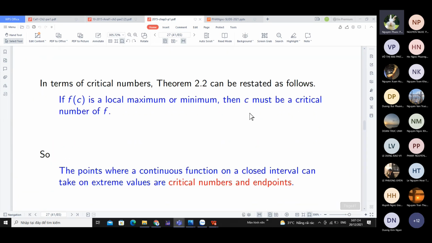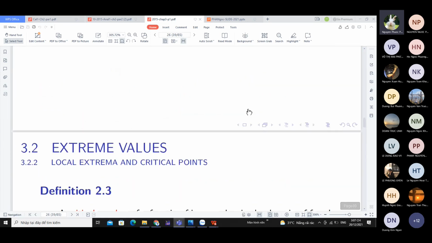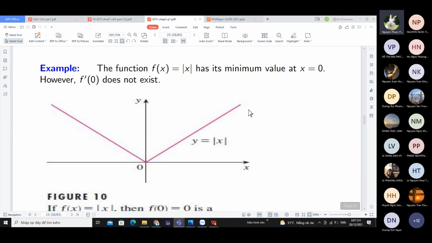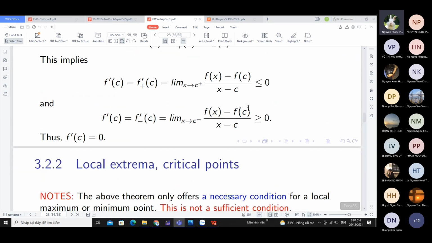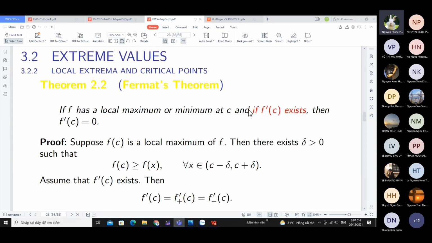All right. So, by the above definition of critical number, from theorem 2.2, look again at this theorem. This theorem says that if the function f has a local maximum or local minimum at c, and if f prime of c exists, then f prime of c must be 0.